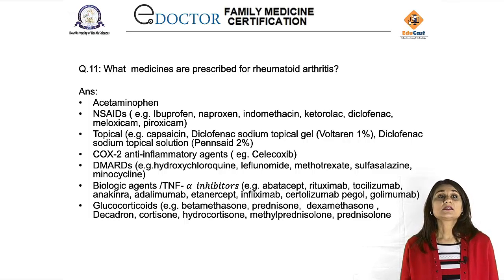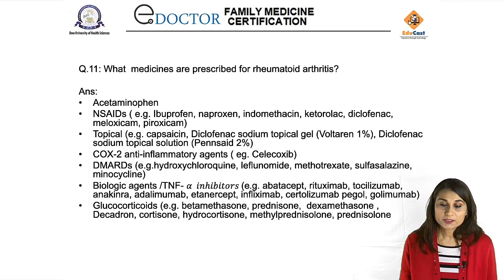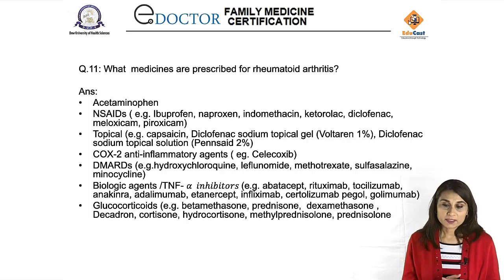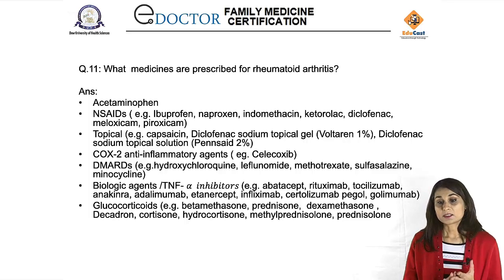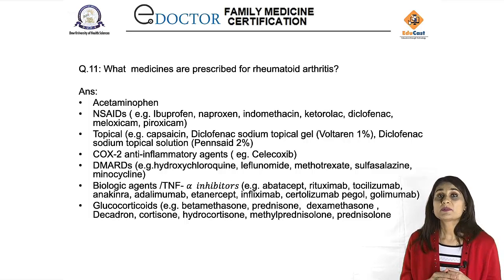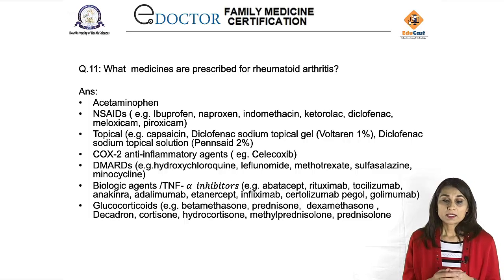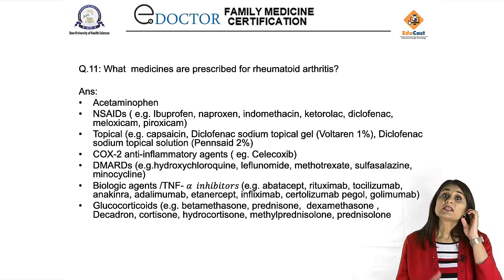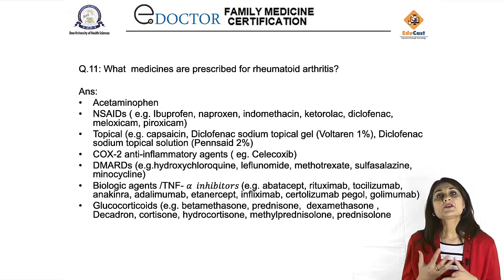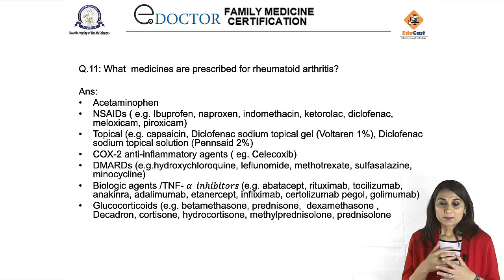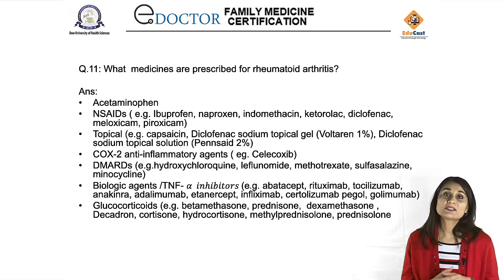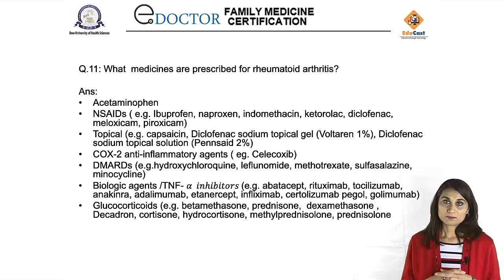So your NSAIDs and COX-2 inhibitors, what are they going to do? They are for symptomatic relief. They are not going to reduce the destruction. Whatever disease progression is happening is going to keep happening. And then glucocorticoids, on the other hand, when the patient has a flare with severe pain and comes to the emergency department, we give them glucocorticoids. Because what are they going to do? Relieve the symptoms, short-term relief.